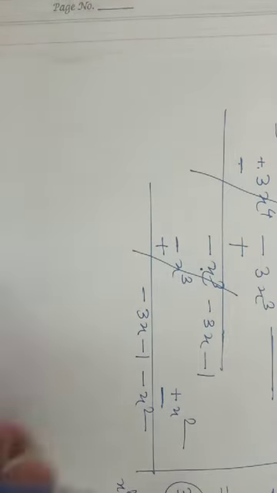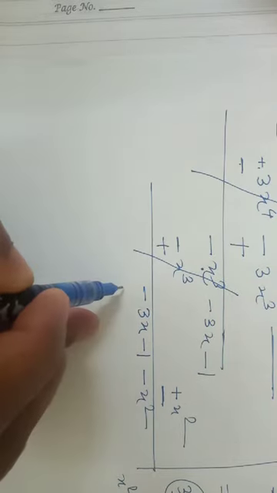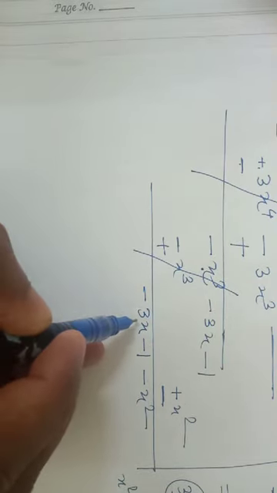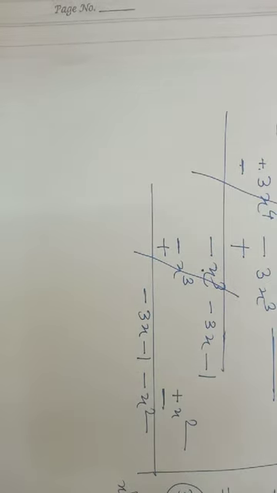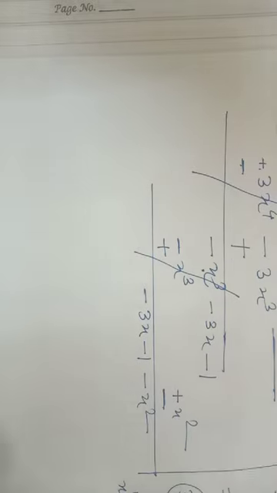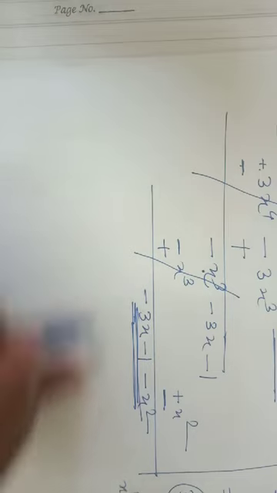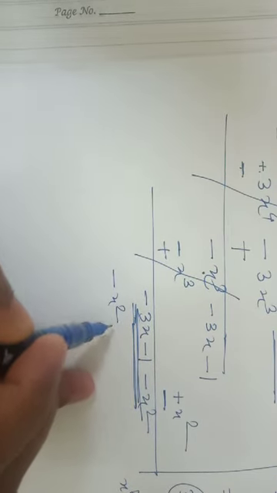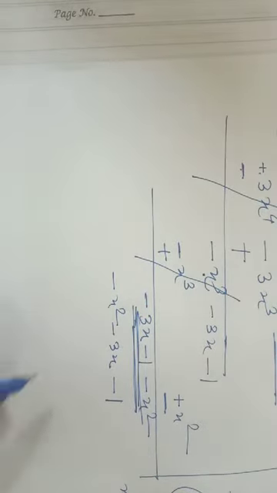If you want to write in descending order of the variables, then you should write minus x square first, then minus 3x and minus 1. But there is no need to write it here, the problem is nothing. But if you are facing a problem, you can write it in ascending order, minus x square, then minus 3x and minus 1, and keep it continuing.